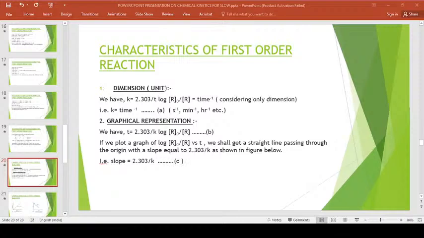The power of reactant A is half, and for reactant B, the power is 3 by 2.